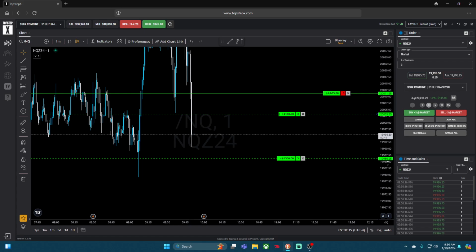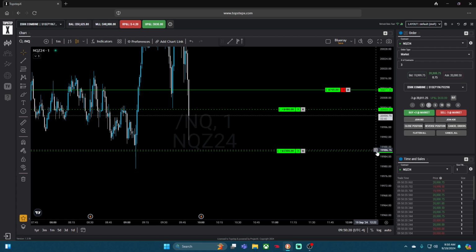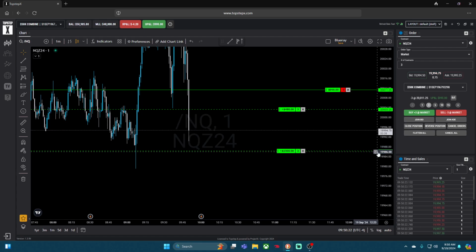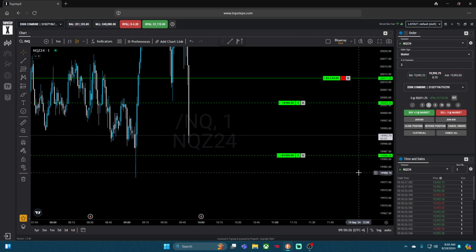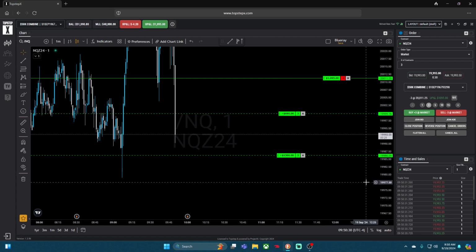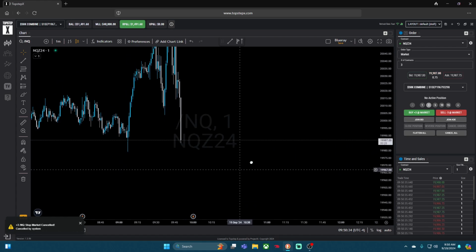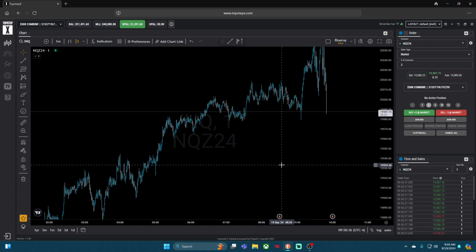Secure a little bit more here, just below the lows, and see if we get a flush to full TP here. Order filled. Absolutely beautiful.